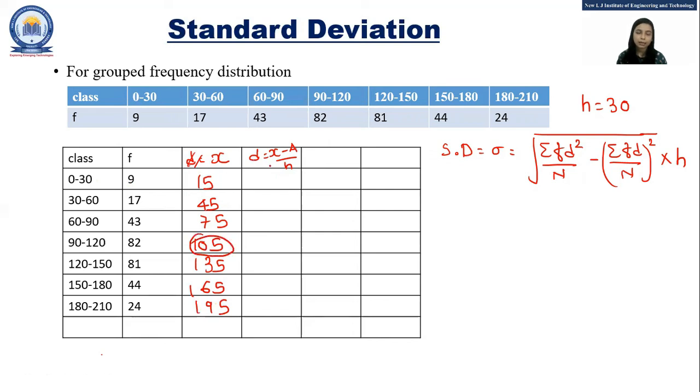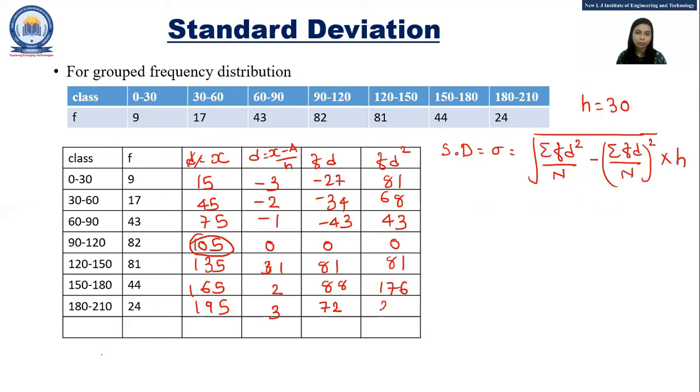So 15 minus 105, that is minus 90, divided by 30, that is minus 3, minus 2, minus 1, 0, 1, 2 and 3. So now f into d, that is minus 27, minus 34, minus 43, 0, 81, 88 and 72. And similarly fd square, that is 81, 68, 43, 0, 81, 176 and 216.